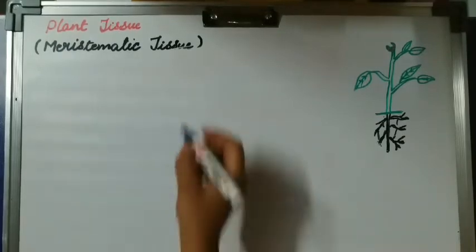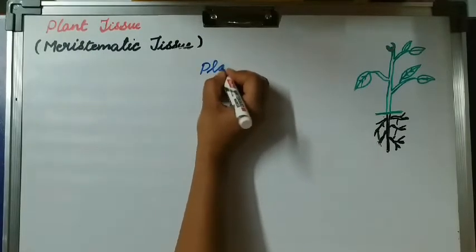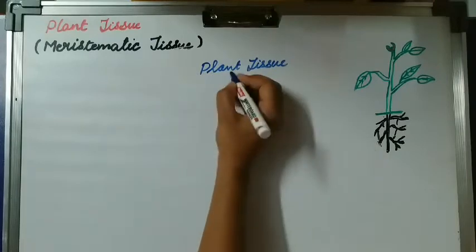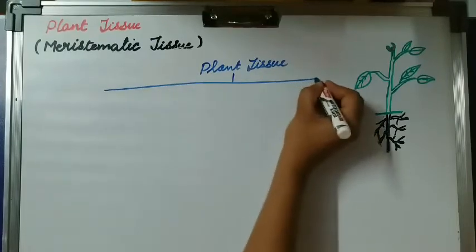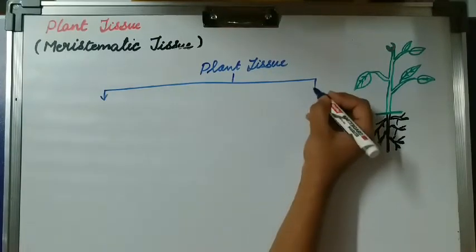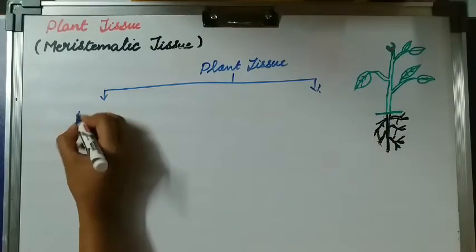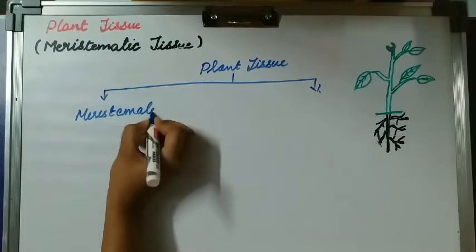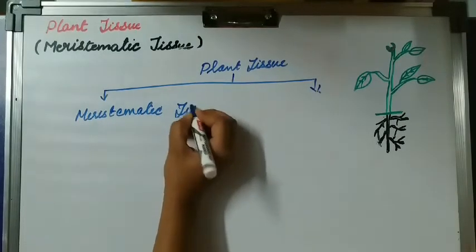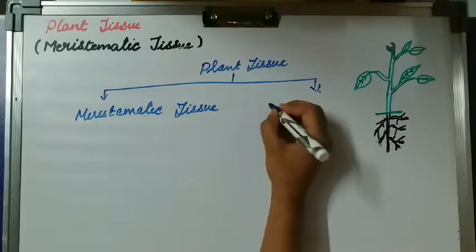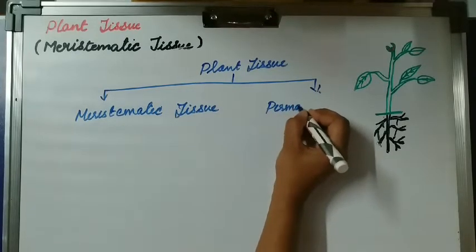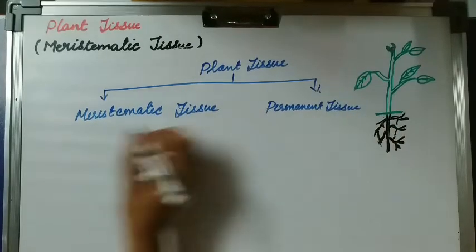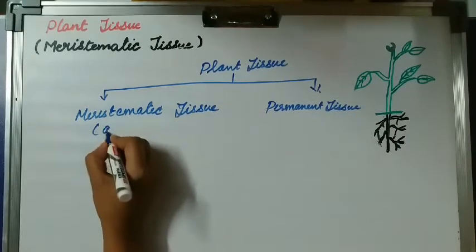See, plant tissue is firstly divided into two types, that is your meristematic tissue and your permanent tissue. This meristematic tissue is actively dividing.